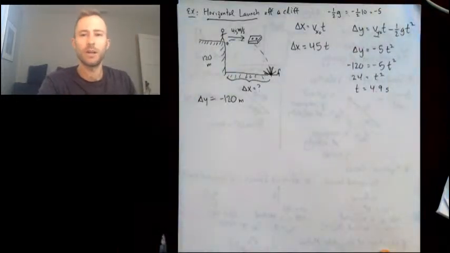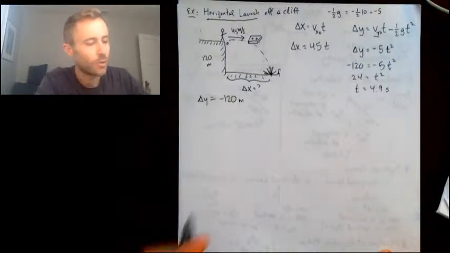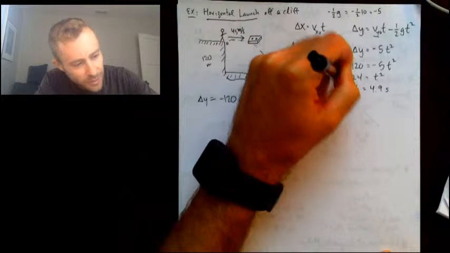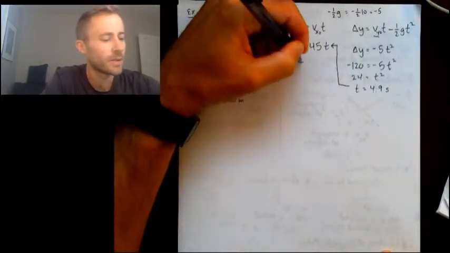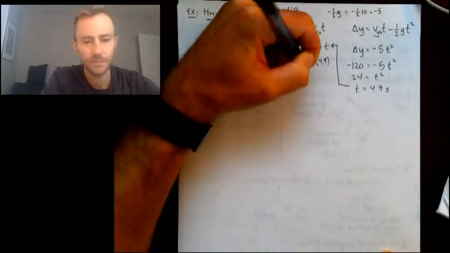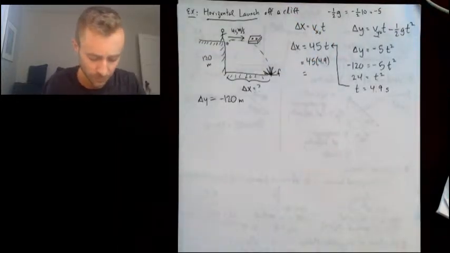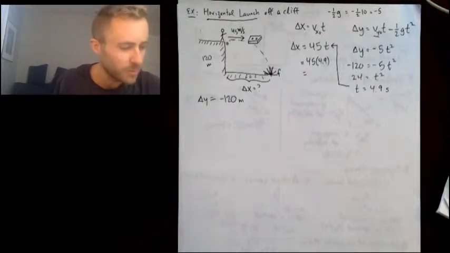Okay. 4.9 seconds was the time of flight, which I then plug into my delta x equation, and that's going to give me my final answer. So 45 times 4.9 gives 221 meters.